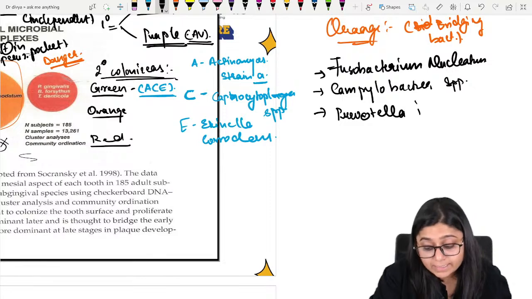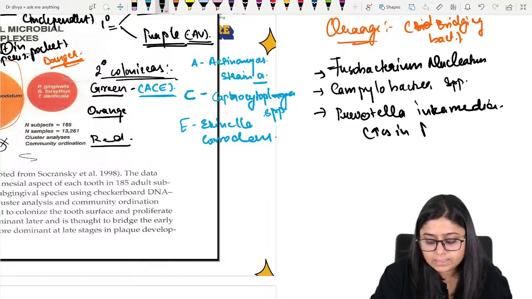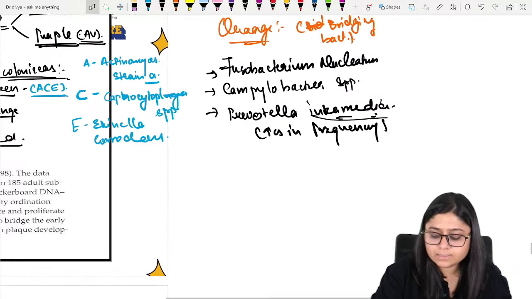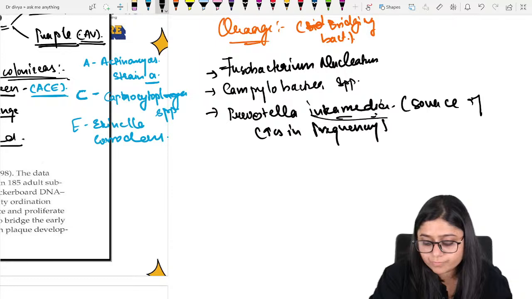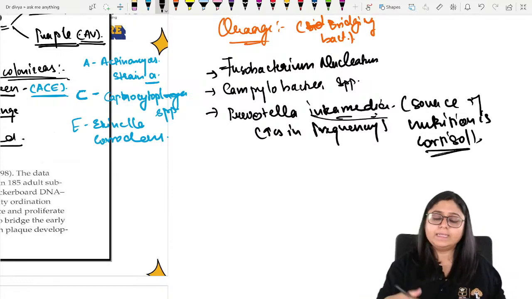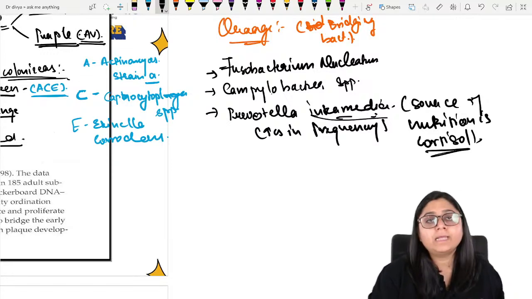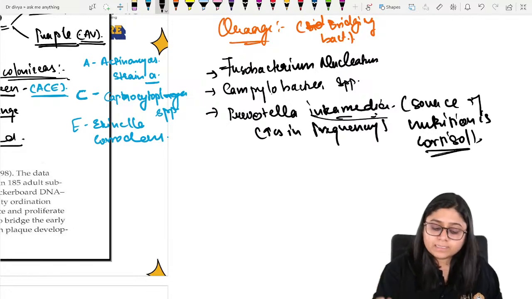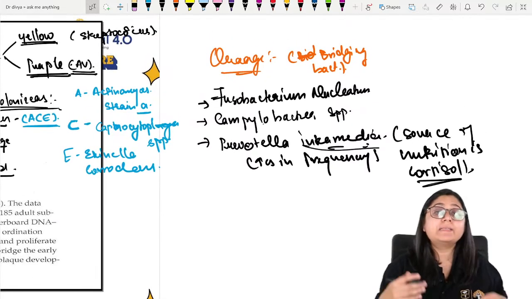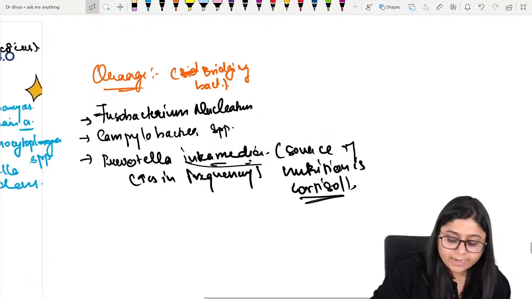Prevotella intermedia is the bacteria which increases in pregnancy or in conditions of stress. Why? Because it derives its source of nutrition from cortisol. So in conditions where cortisol increases, this bacteria also increases. So Fusobacterium nucleatum, Campylobacter and Prevotella intermedia are the three bridging bacteria present in the orange complex, which are present in the pockets.